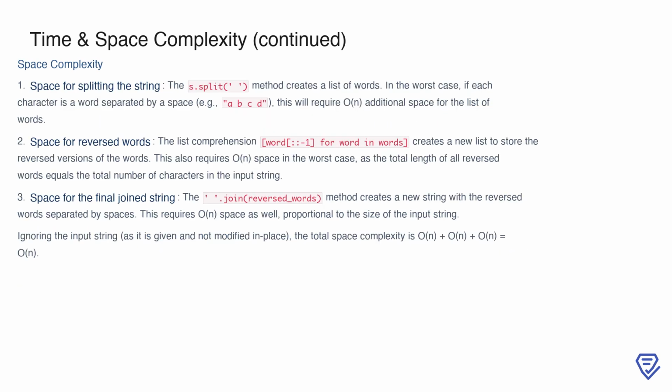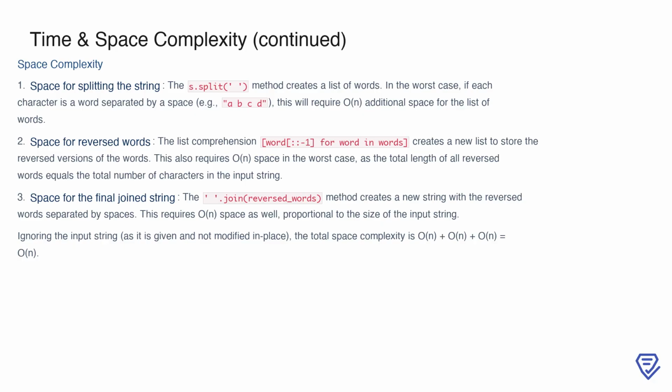Now, let's examine the space complexity. When we split the string into words using the split method, a new list is created to store the words. In the worst case, if each character is separated by a space, this requires O(n) additional space. Then, during the reversal step, another list is created to store the reversed words, which also takes O(n) space since the total length of all reversed words matches the input string's length.